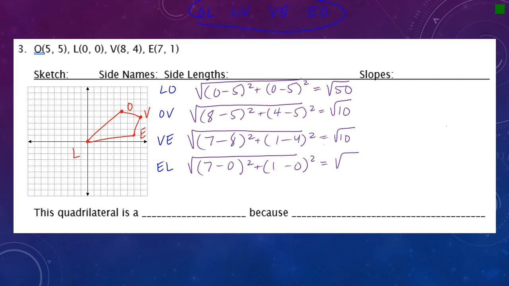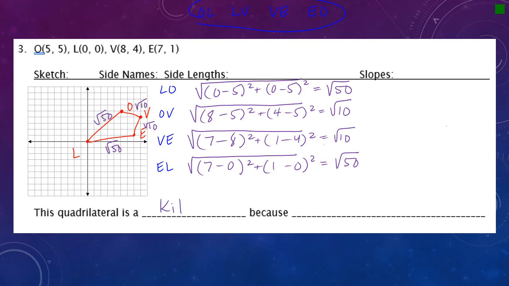And this also comes out to be the square root of 50. So now if we look here, OV and VE are square root of 10, square root of 10. And then LO is the square root of 50 and EL is the square root of 50. So you see that I do have two pairs of equal sides and that they are adjacent to each other. So this is definitely a kite.